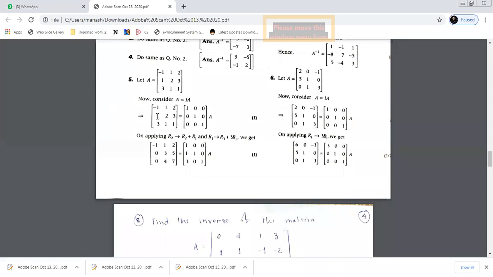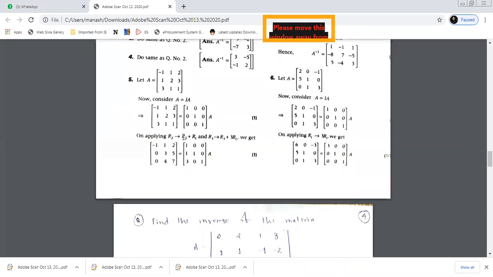Now see how you can make these elements equal to 0. You can easily make them 0. How? Because -1 plus 1 becomes equal to 0. So what we have done is row 2 tends to row 2 plus row 1.